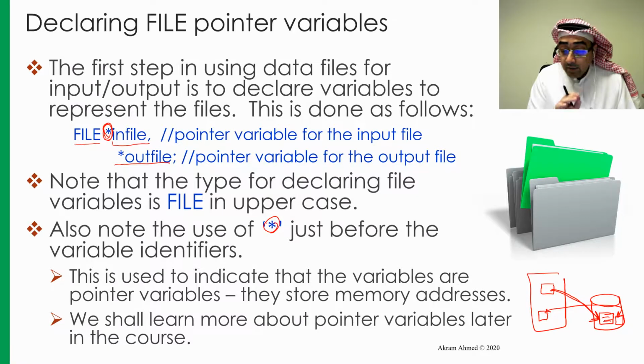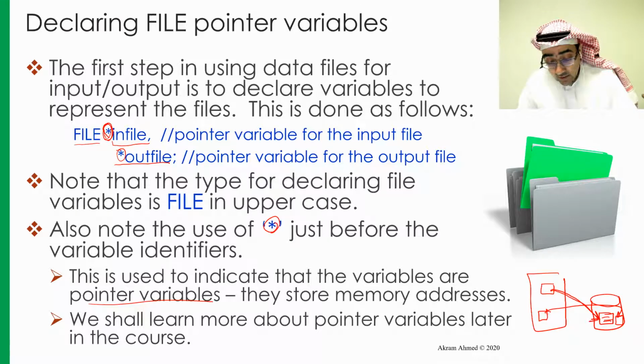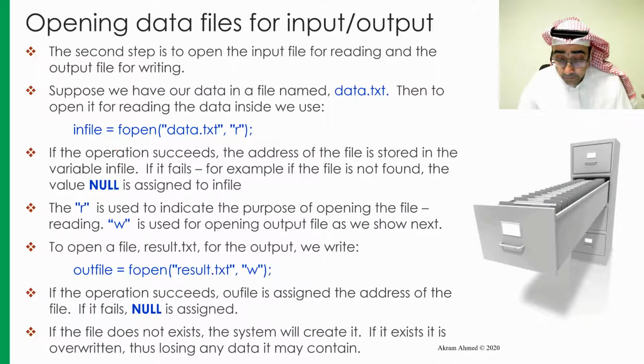This is not a file variable, it's a pointer, and the reason is that we want to create the file in the hard disk, and we want something in our program pointing to that file so that we can go write and read from that file, okay? So this is used to indicate that the variables are pointer variables. Notice that pointer variables are not normal variables, and we shall learn more about these in the coming few slides, okay?